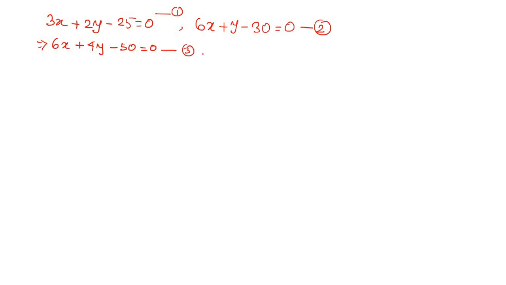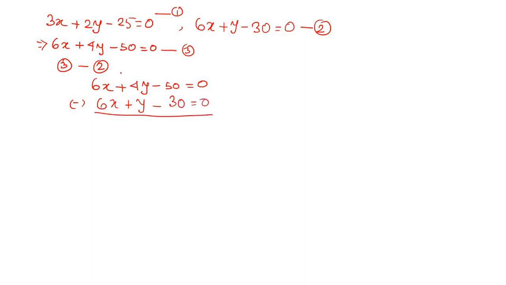If we subtract equation 3 minus equation 2, this gives me 6x plus 4y minus 50 equal to 0, minus 6x plus y minus 30 equal to 0, and when we subtract, the 6x terms get cancelled. So ultimately you are left with thrice y minus 50 plus 30, that is minus 20, equal to 0.